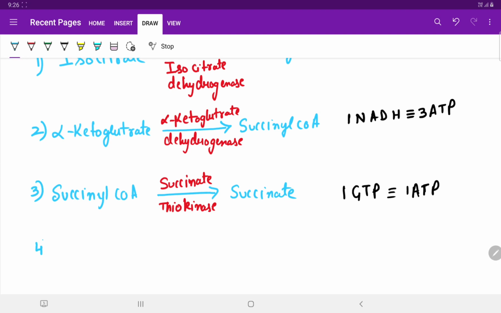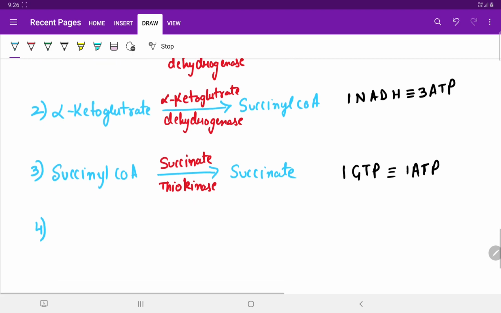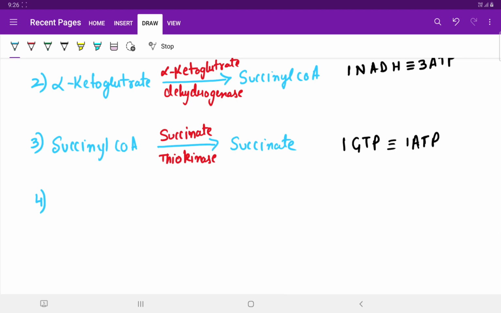Now the next reaction that is leading to formation of an energy molecule is formation of fumarate from succinate. So the next reaction is formation of fumarate from succinate in presence of enzyme succinate dehydrogenase.